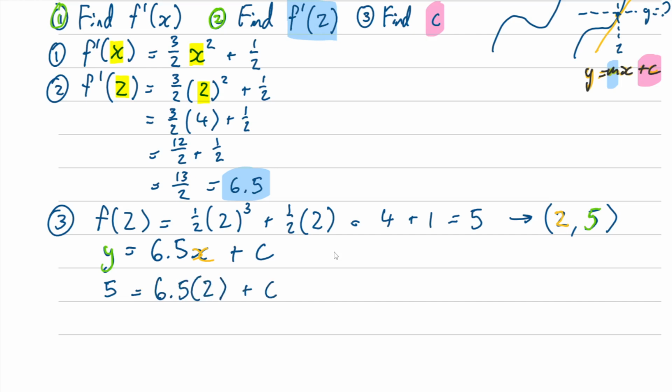So 6.5 times 2 is 13. Subtracting 13 from both sides, we get c equals -8. And finally, putting it together as an equation, y equals 6.5x minus 8 would be the equation of the tangent line.